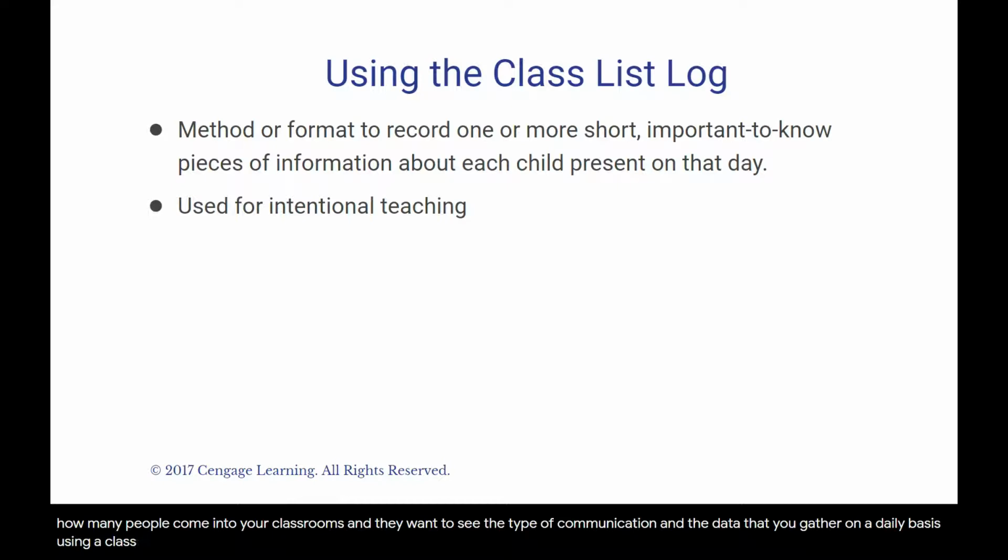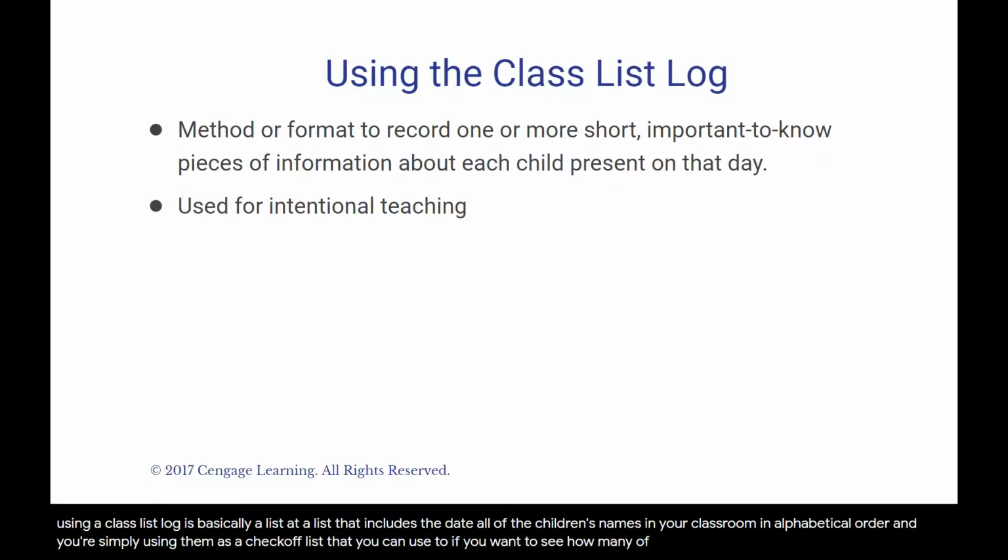Using a class list log is basically a list that includes the date and all of the children's names in your classroom in alphabetical order, and you're simply using it as a checkoff list. If you want to see how many of your children came to school today, kind of like an attendance check, you can use a class list log.